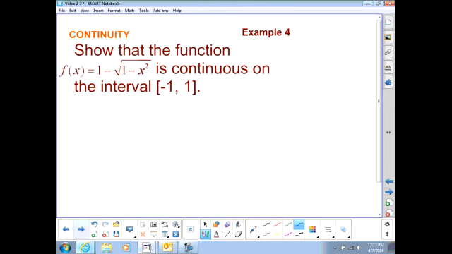So we're going to show that this function here, 1 minus the square root of 1 minus x squared, is continuous on the interval negative 1 to 1. Well, think of this as a y.